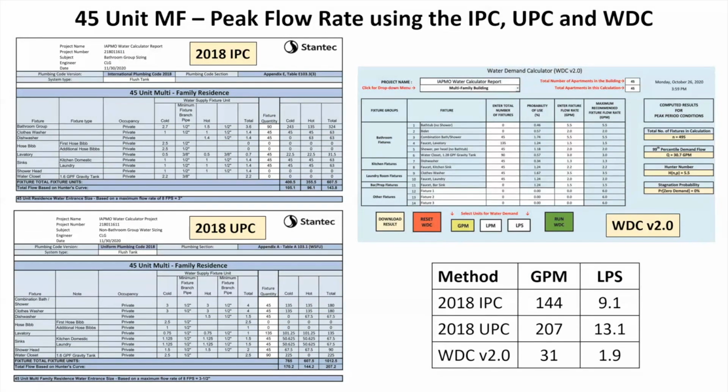And this is showing at the 45 unit building level, the whole building, the differences in peak flow rate for the 3 different methods that were evaluated in the Stantec report. And we're using this Stantec report's model of the building for this discussion today. And so it's a big difference in peak flow rate, in gallons per minute or liters per second.